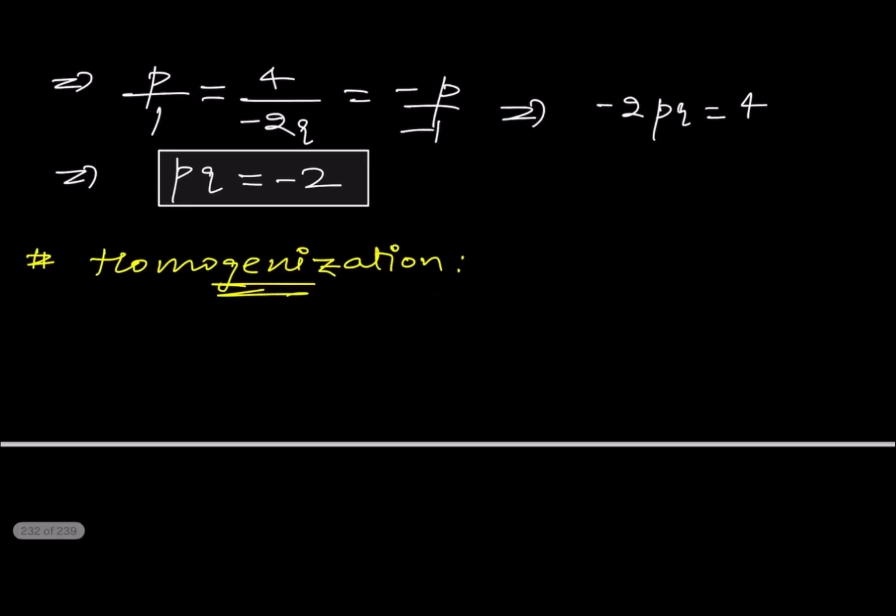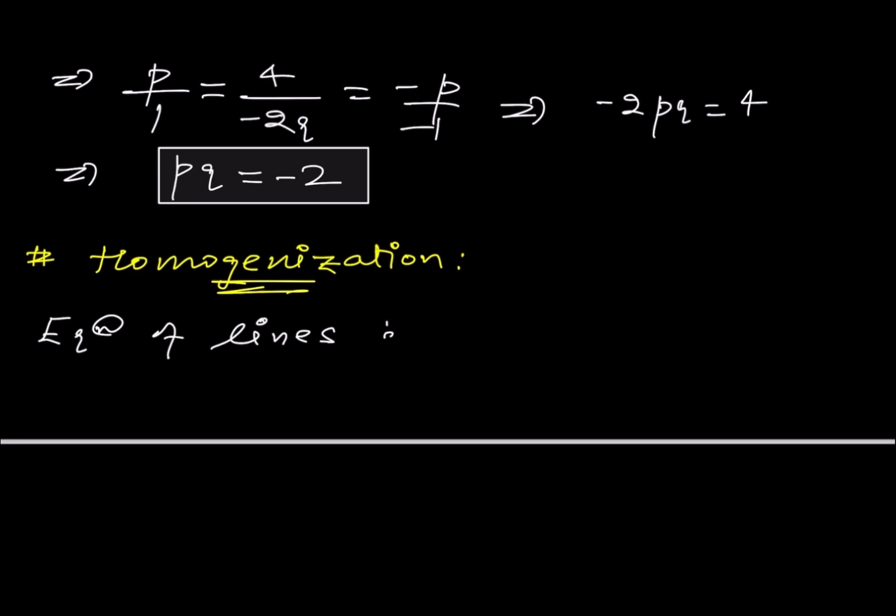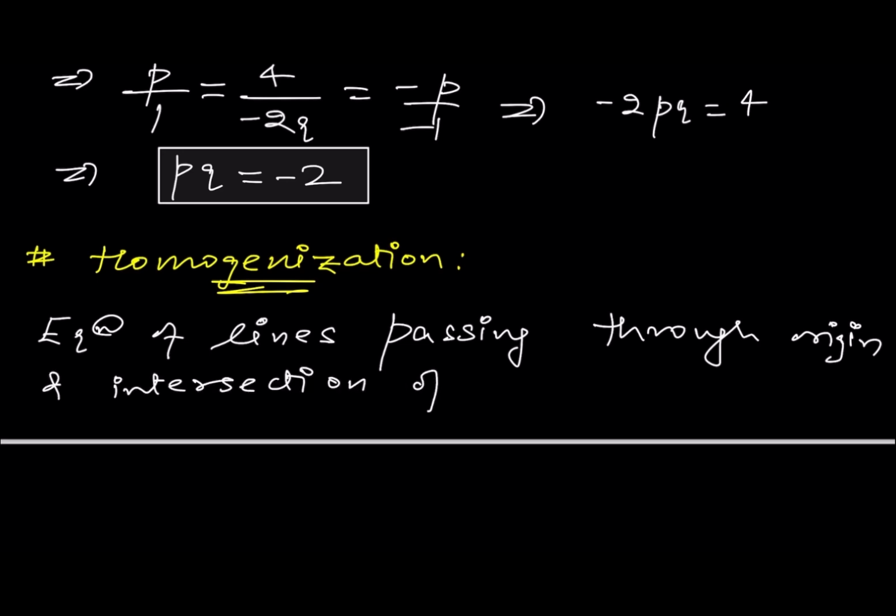So let us understand. In this we have to find equation of lines passing through origin and intersection of given line and given curve.